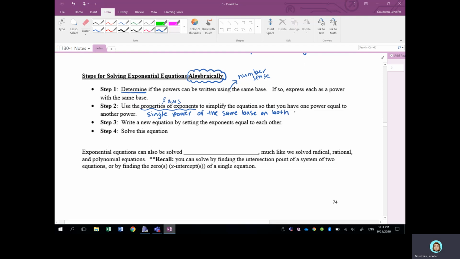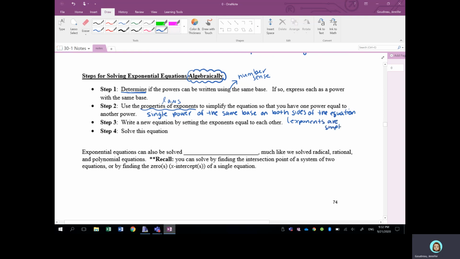We want a single power of the same base on both sides of the equation. And in addition to that, we want to make sure that our exponents are also as simplified as possible.